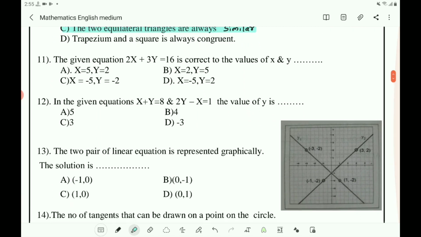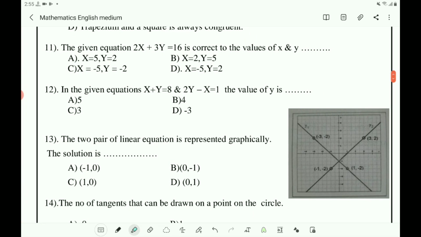So here you can say the statement that the two equilateral triangles are always similar is the correct statement. Next, we take question number 11. The given equation 2x plus 3y equals 16 is correct for the value of x and y. Here you choose the answer by the trial and error method. So take the value of x as 5 and y as 2.